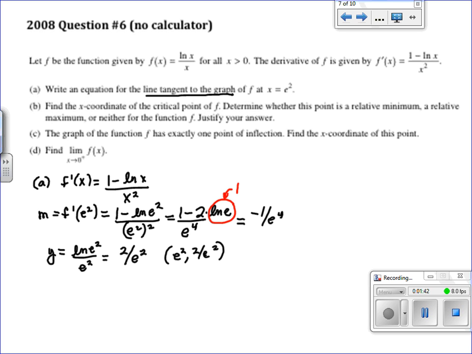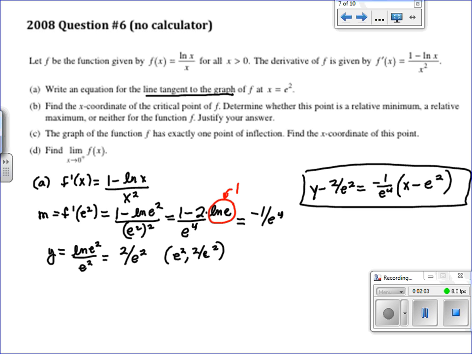I'm going to use that point and my slope to find my equation of the tangent line. y minus y1, so y minus 2 over e squared equals m, negative 1 over e to the 4th, times x minus x1, so x minus e squared. That's how you do that. Leave your answer like this. If you tried to make any simplifications and messed up, you would get your answer wrong, so I would always leave it like that.